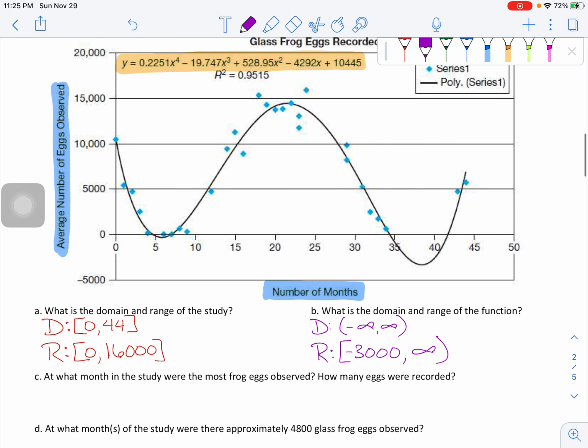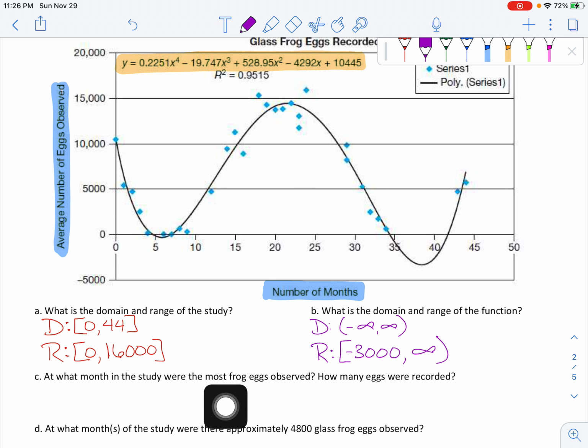All right, so part C here. At what month in the study were the most frog eggs observed? Now this is the study, and so we want to make sure we're answering with the little blue diamonds, not the black curve. So we want to be careful with which way we're answering.